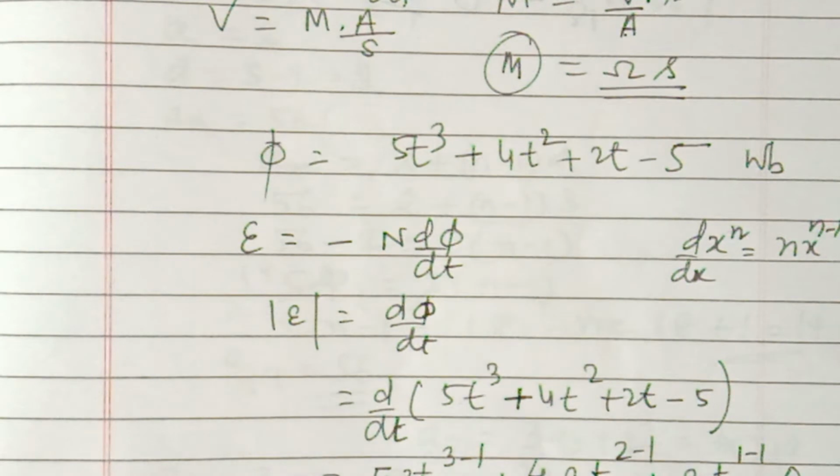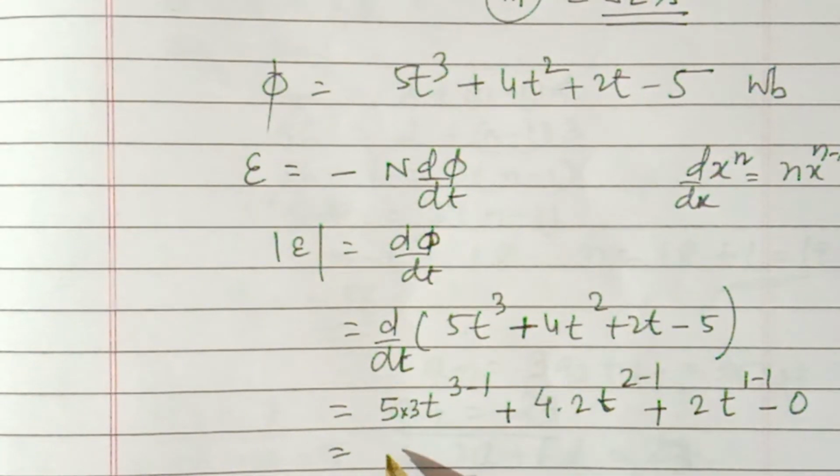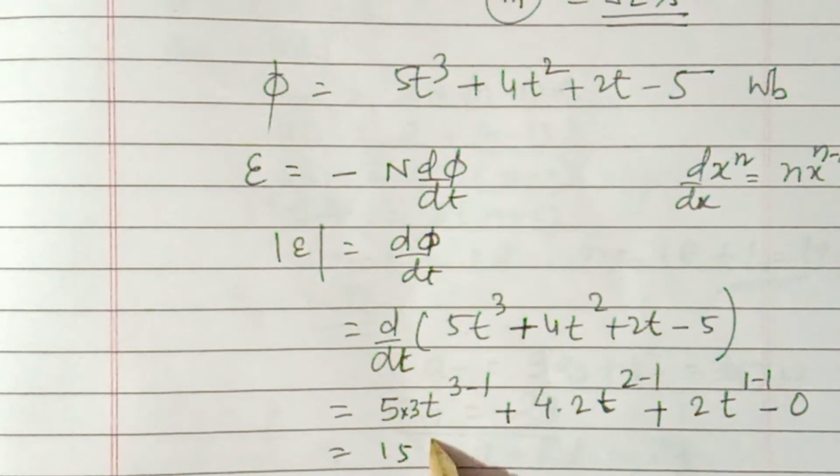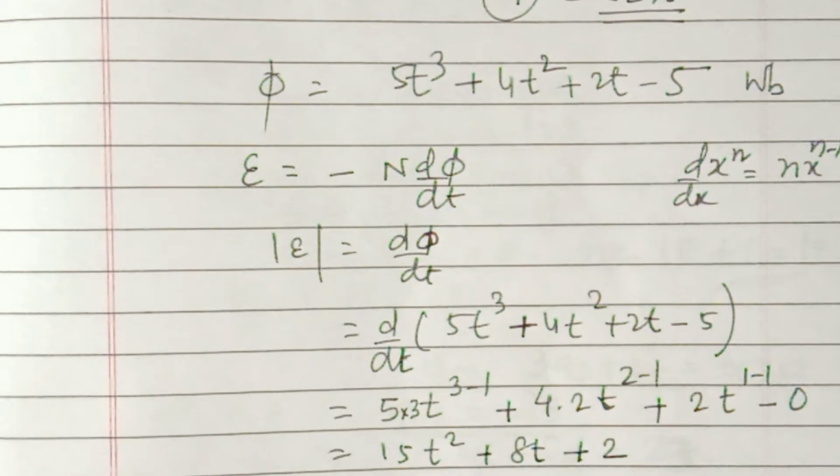Differentiation of a constant term is 0. Then 15 t square plus 8t plus 2.